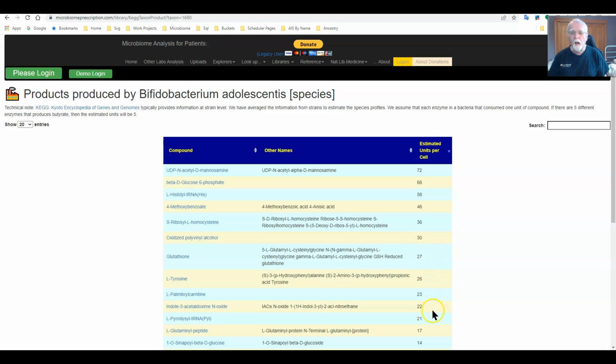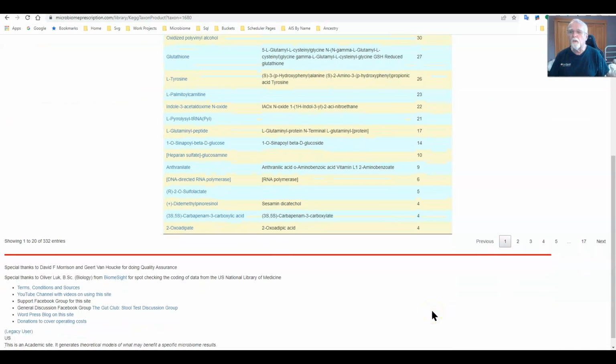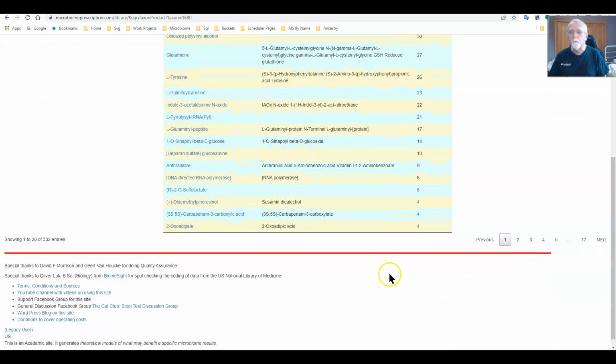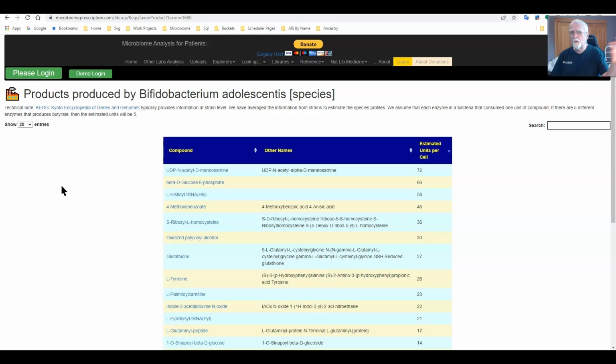Here, less, down to 4, down to 1. As you can see, we have 332 different compounds produced with just one type of bacteria, which is probably more than you expect. Most of the time you say, oh, it produces lactic acid, it produces hydrogen peroxide, 2 or 3 substances. 2 or 3 substances out of 300.